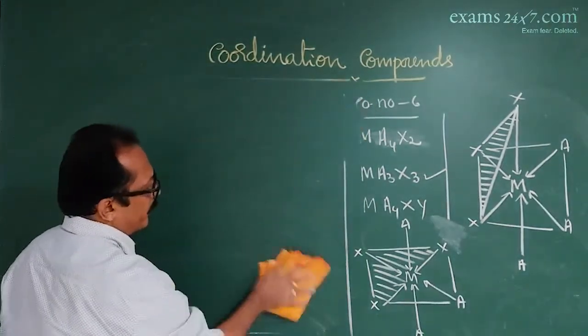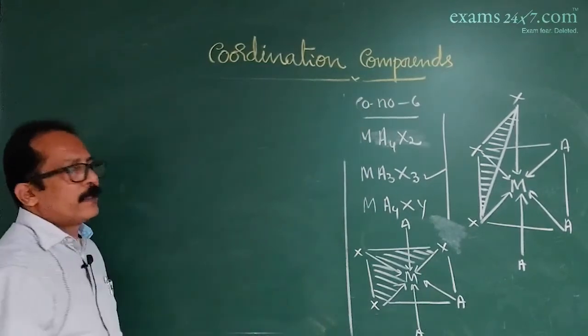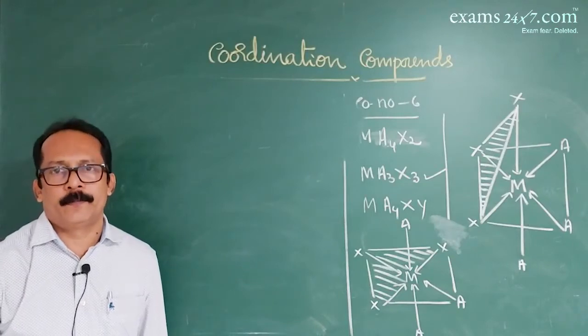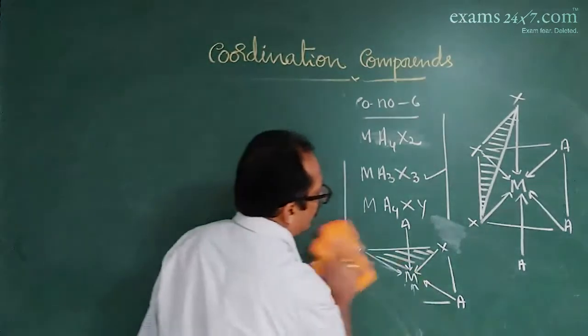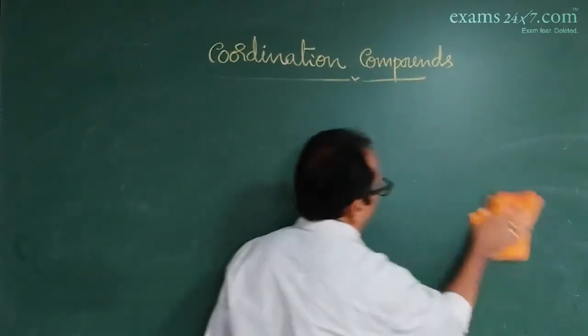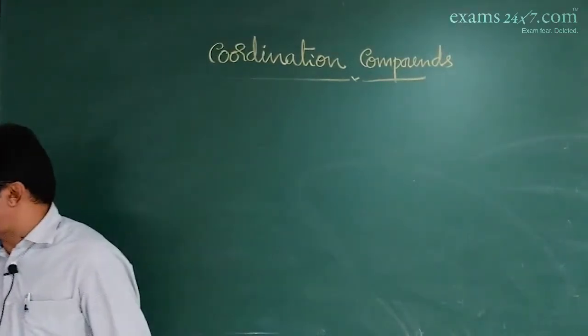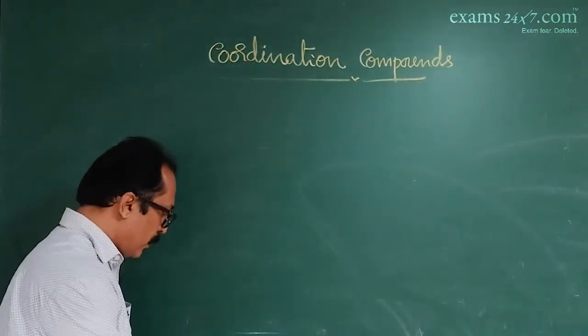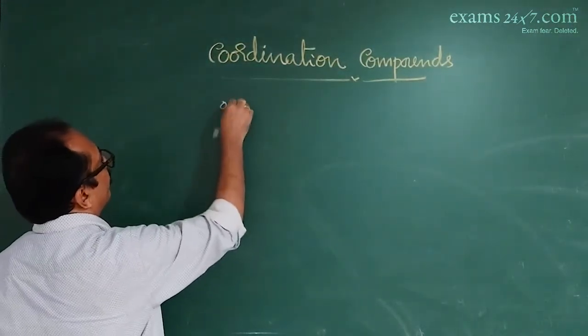Next, about optical isomerism. In optical isomerism, the mirror images of the isomers are non-superimposable. Therefore, they exhibit optical isomerism and they differ in the direction of rotation of plane polarized light.